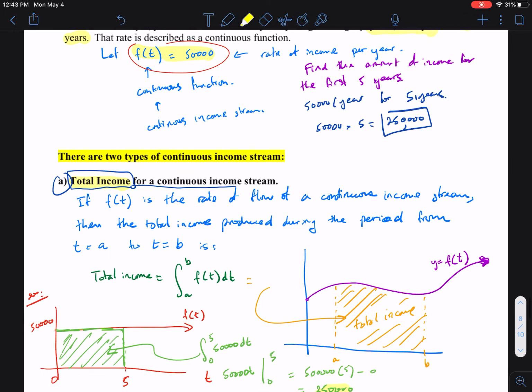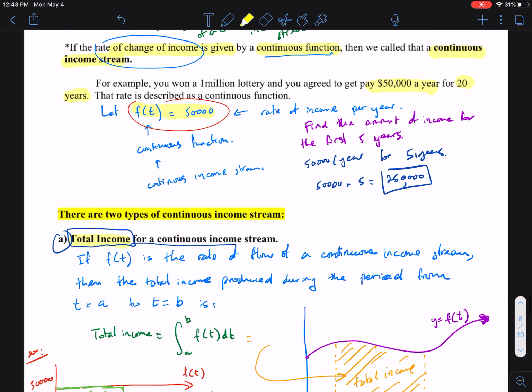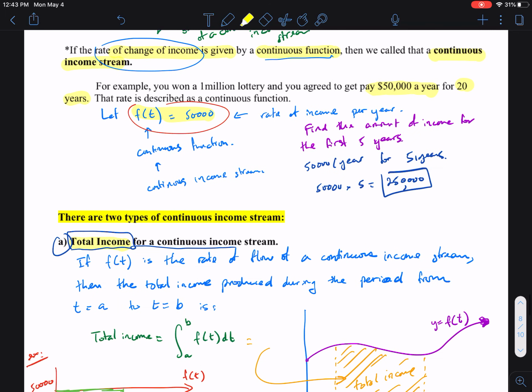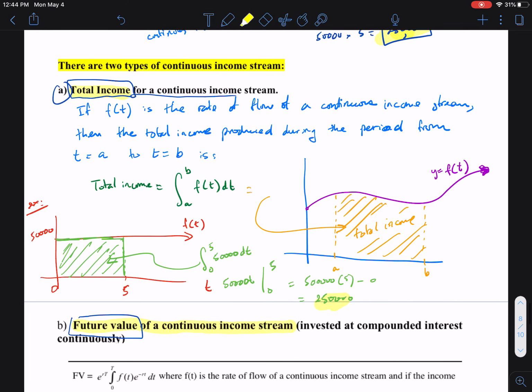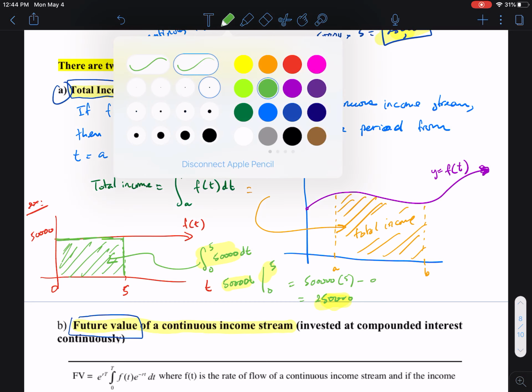So for a constant continuous income flow, it's not hard to compute the total income for a certain amount of years, right? As you can see there, whether we do it this way or we try and make it complicated by using a definite integral, not much difference there. But imagine our income flow, or the rate of flow of the income stream, is not a constant function.